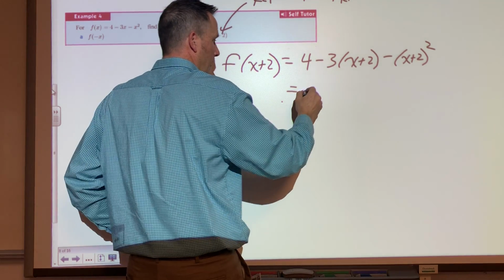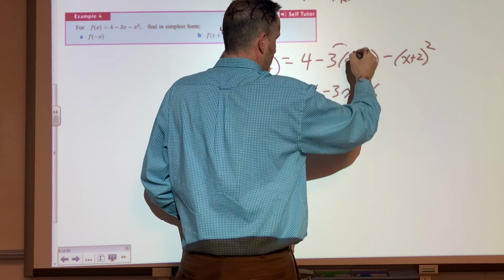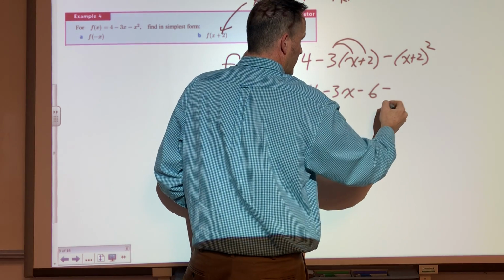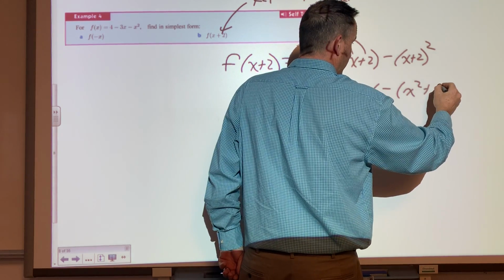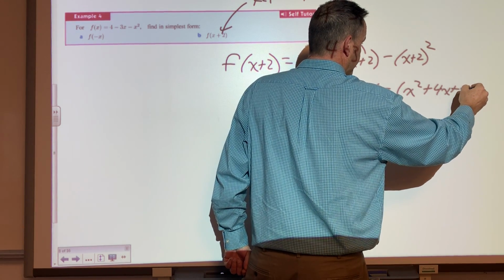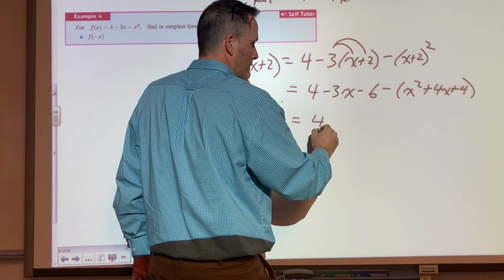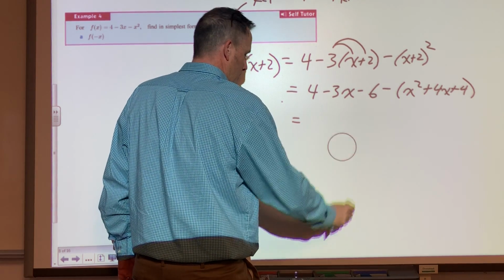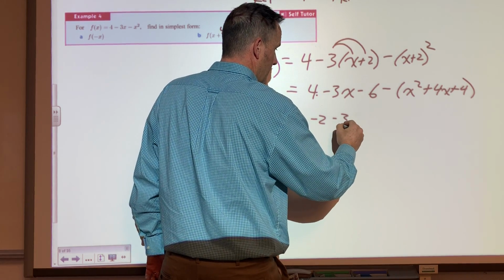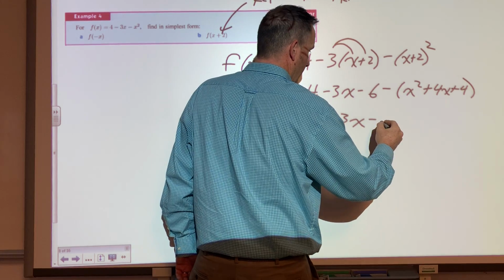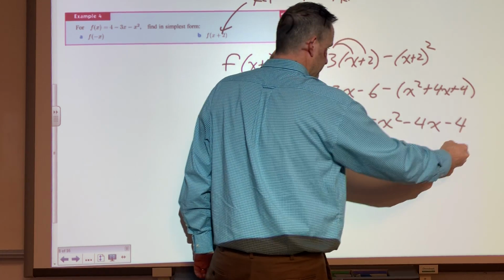Expand and simplify. I get 4 minus 3x minus 6, because this times this, minus this expanded is x squared plus 4x plus 4. I know, a lot of work. Those combined give me negative 2 minus 3x minus x squared minus 4x minus 4.